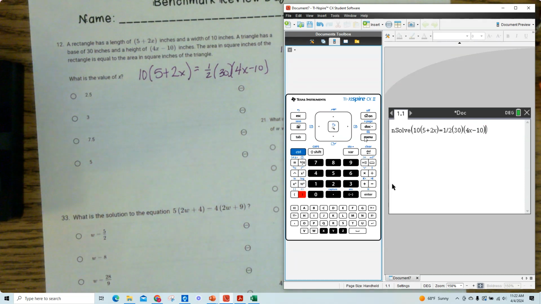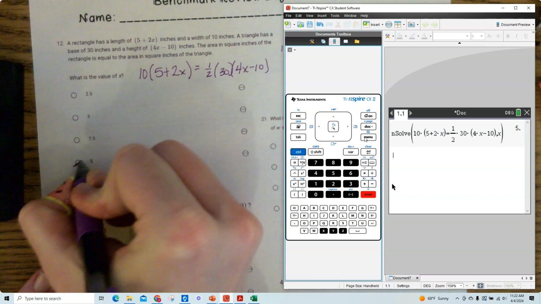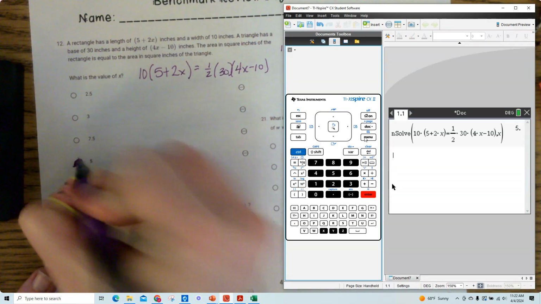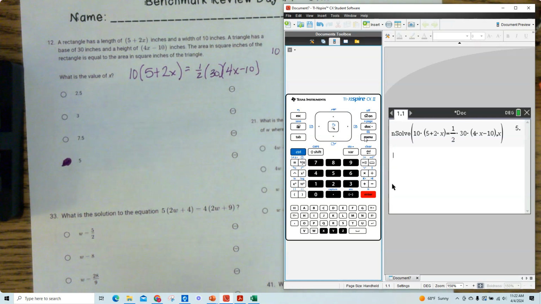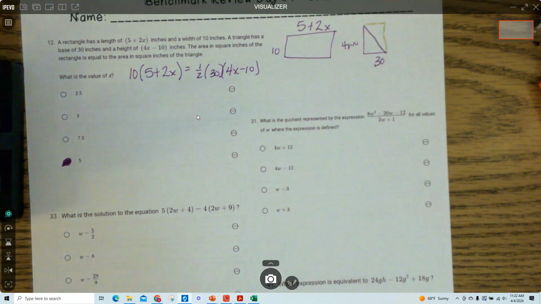When I do menu 3-1 and I type the equation in, what comes last? Comma x. Good. And that's it. That's all there is to that problem. But what makes it so tough is just getting the equation written out. Because there's no way that you can work that problem unless you know the formula for the area of a triangle. Okay? All right, 21.